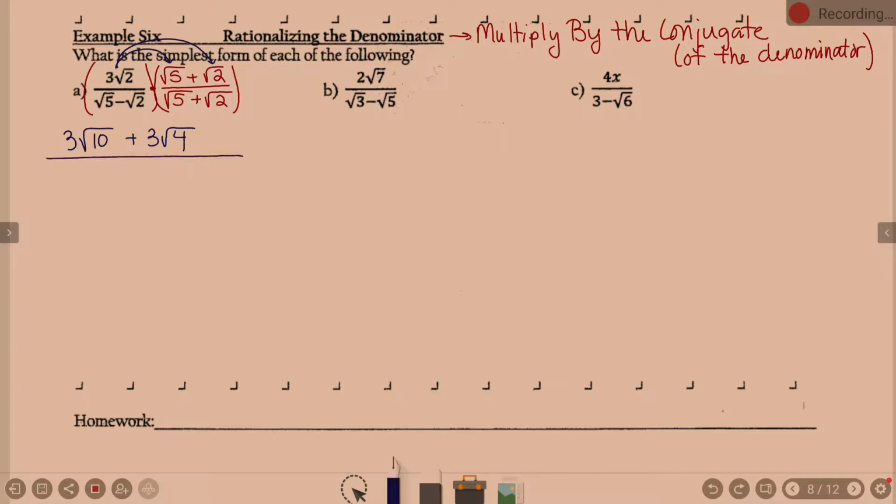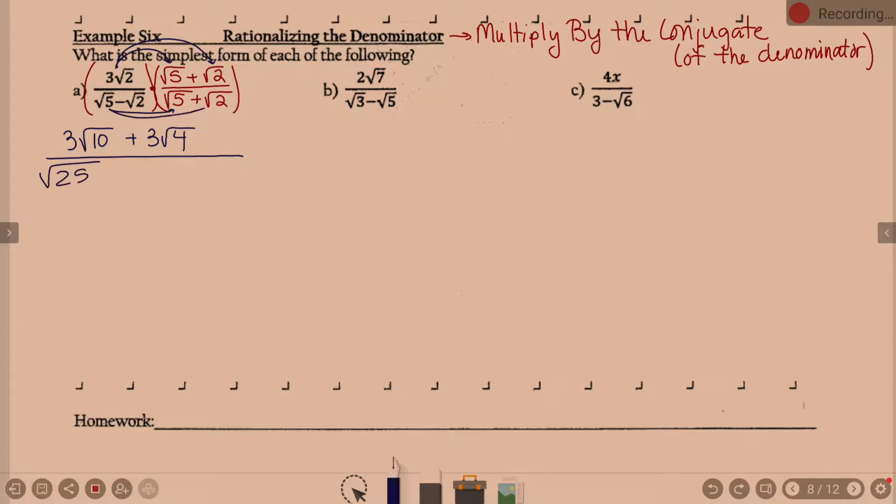Denominator. What do I have to do with the denominator now? We're going to have to FOIL, aren't we? Okay. The denominator, you're multiplying by the conjugate. This is FOIL. So, square root of 5 times square root of 5, square root of 25.